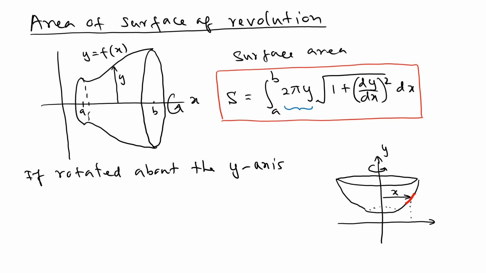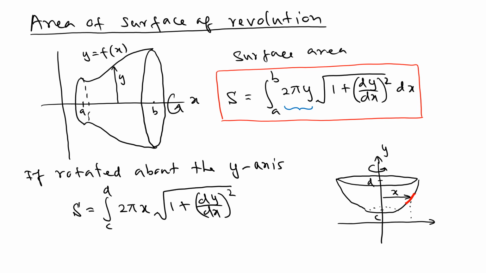So if you rotate about the y-axis, going from c to d, this is the integral from c to d of 2 pi x, and the length part stays the same: the square root of 1 plus dy over dx squared, times dx.